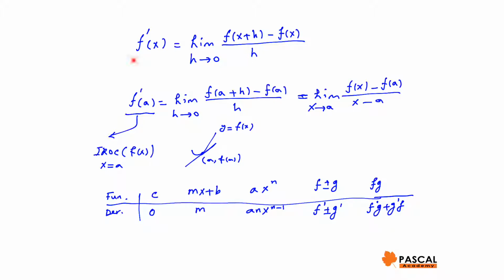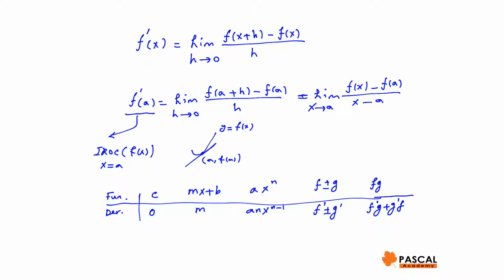We used first principle and proved that the derivative of a constant function is 0, the derivative of a linear function is the slope of the line, the derivative of f of x equals mx plus b is f prime of x equals m, the derivative of a x to the power of n is a n x to the power of n minus 1, and the derivative of the addition of two functions is the addition of the derivatives of the functions. The derivative of the multiplication of two functions is the derivative of the first function times the second function itself plus the derivative of the second function times the first function itself.